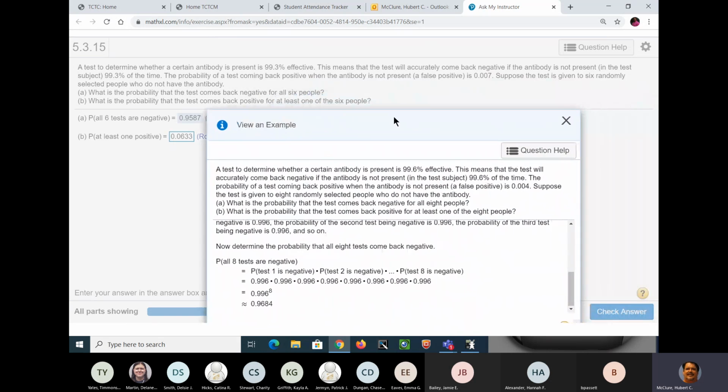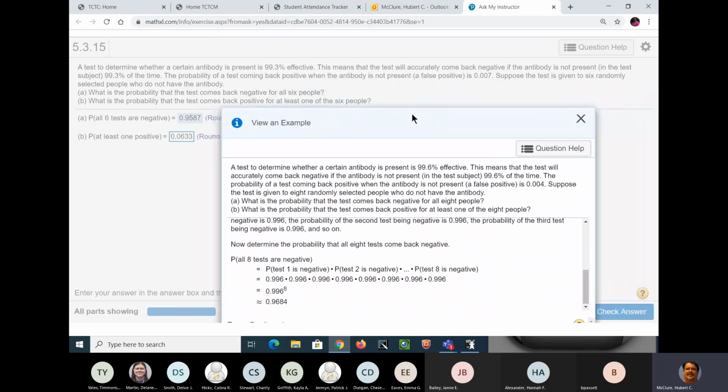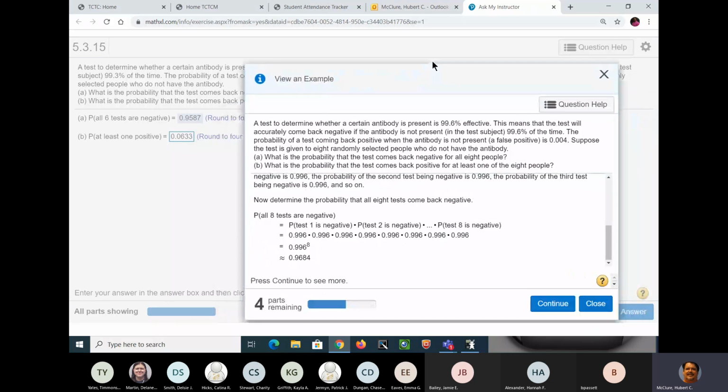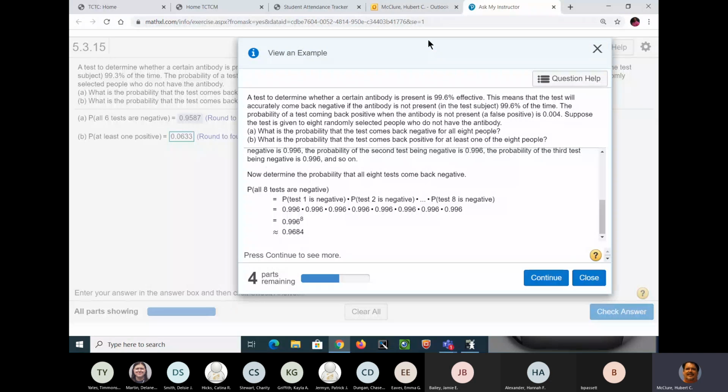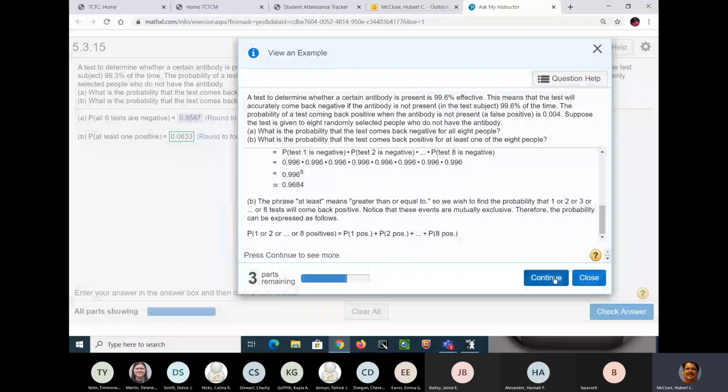Okay. Now, what is the probability that at least one? Well, at least means greater than or equal to. Y'all know that from pre-algebra. Okay, greater than or equal to at least one. That means 1, 2, 3, 4, 5, 6.